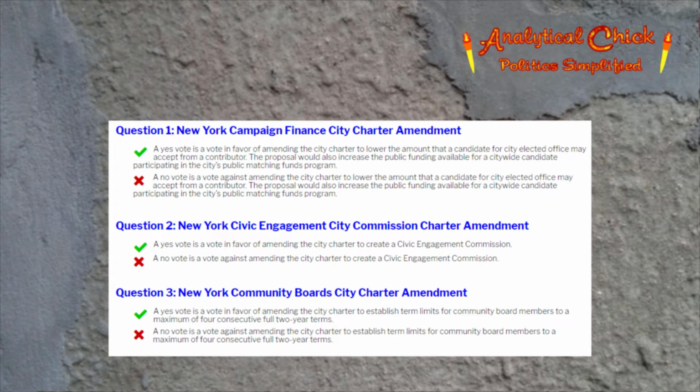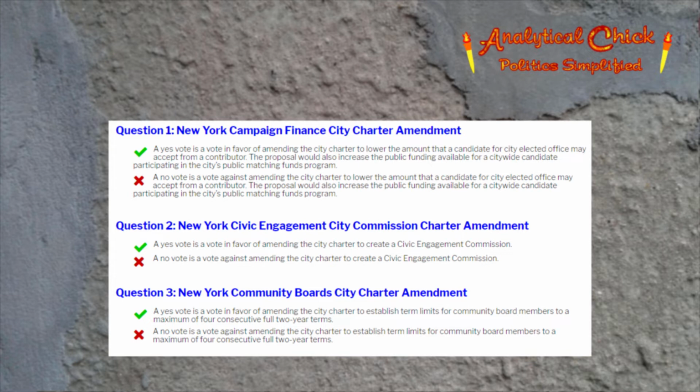Nicole Malliotakis, who ran against de Blasio for mayor and is an assemblywoman, is running for re-election for her assembly district. She did a video on Flip the Ballot discussing the 3 propositions. She recommended voting no for the first 2, and she was undecided on the third. If you are in, I think it's just New York City, I personally am going to vote no for all 3.